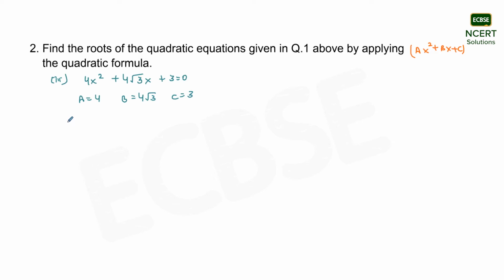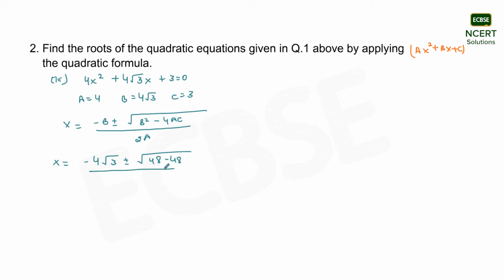And as we know, the quadratic formula says x is equals to minus b plus minus root b square minus 4ac divided by 2a. Now substituting the values of a, b and c in this formula, here x will be equal to minus 4 root 3 plus minus root 48 minus 48 divided by 2 into 4.